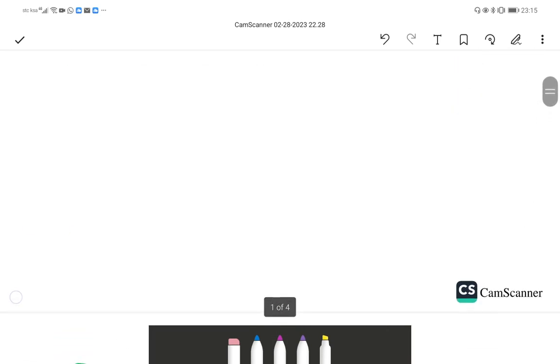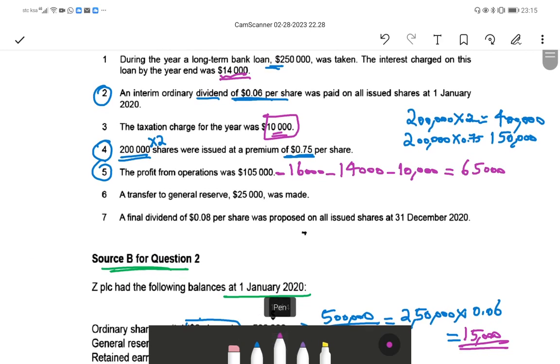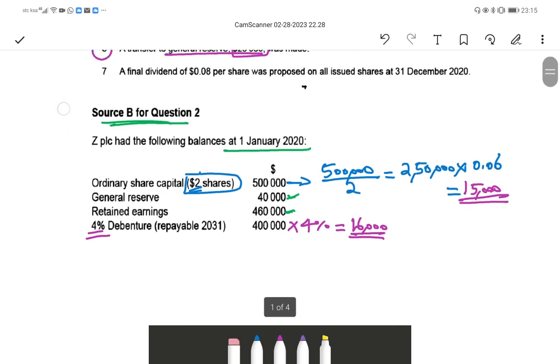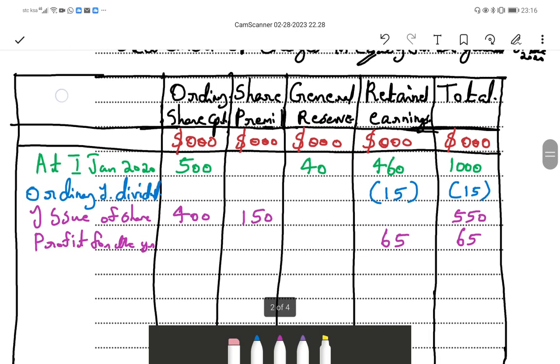Next, 5 is done. Next, 6. A transfer to general reserve 25,000. Transfer to general reserve means some amount is transferred from retained earning to general reserve. So 25,000 is what we are transferring. So 25,000 will be deducted from retained earning and added to general reserve.